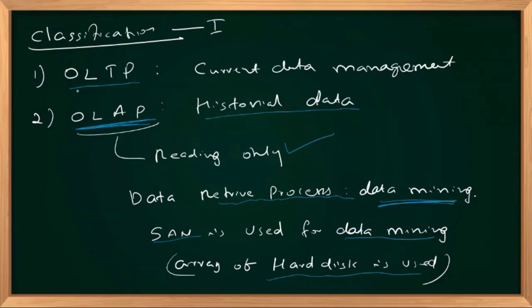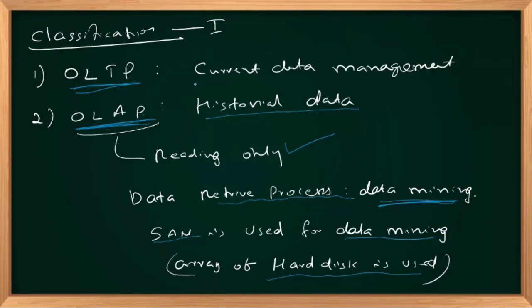The first classification consists of OLTP, online transaction processing. The second one is online analytical processing. What is the difference between them? Online transaction processing is data used for management of current information, that is, current data value management.